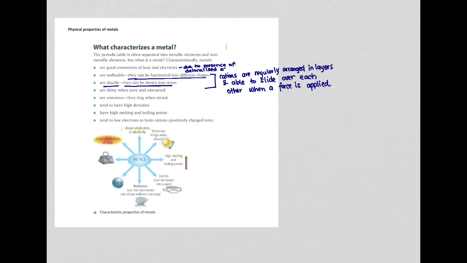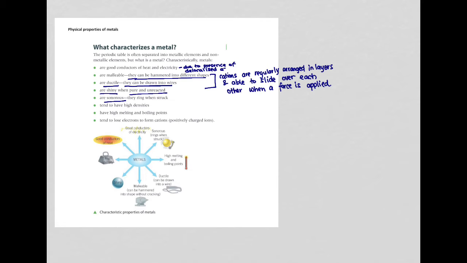They are shiny when pure and unreacted. Many of the metals will react with oxygen in air and they will form a dull layer. But when they are pure, when they are unreacted, they are usually shiny. They are sonorous.